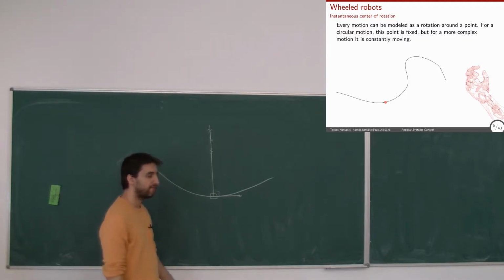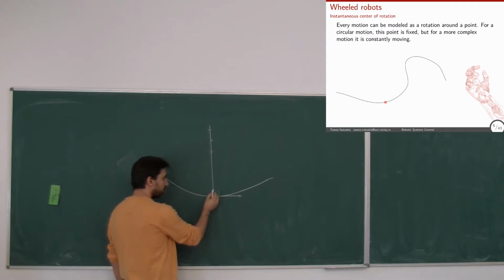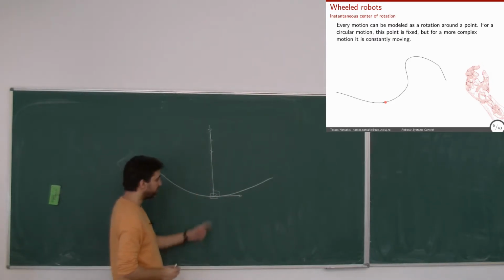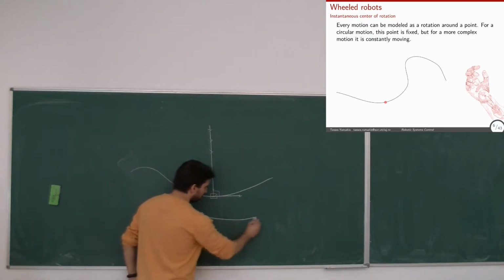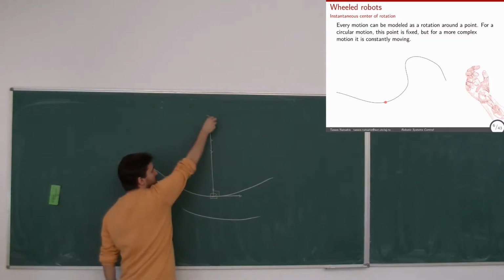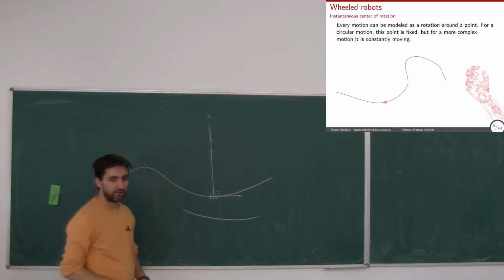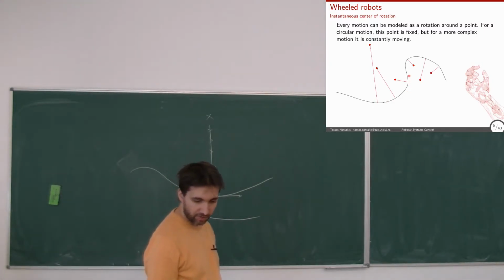So the sharper the turn is, the closer the center is to my curve itself. Okay? The more shallow it is, or the less sharp, the further away the center of rotation is. So you can see it's something like this, where I have sharp turns, the center of rotation is closer to the curve.